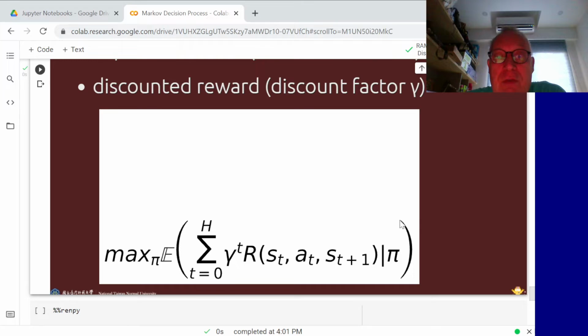So if you can win the chess match in 3 moves or 30 moves, you would prefer to win it in 3 moves, because who knows what's going to happen. Maybe you missed something in the other 30 moves, or something else goes wrong, and all of a sudden you end up not winning.